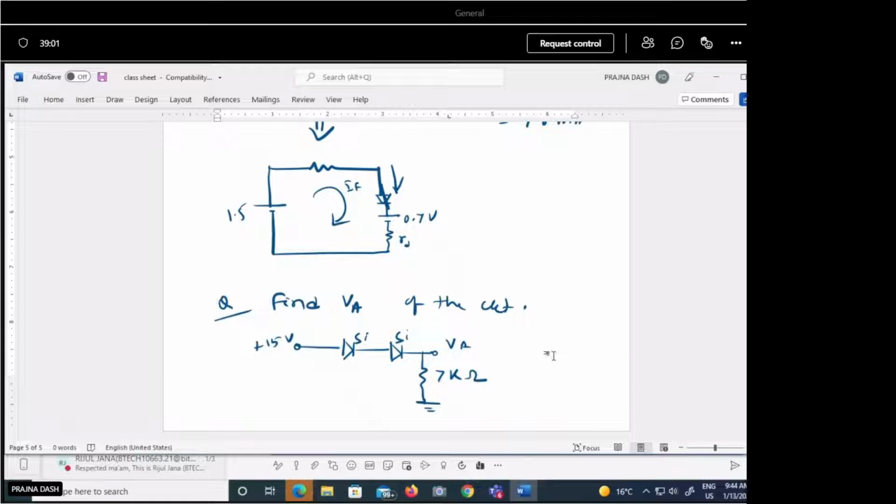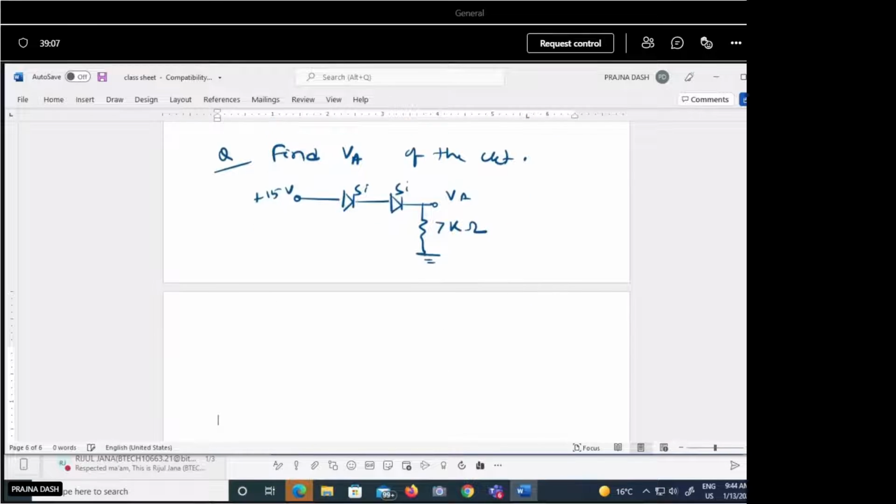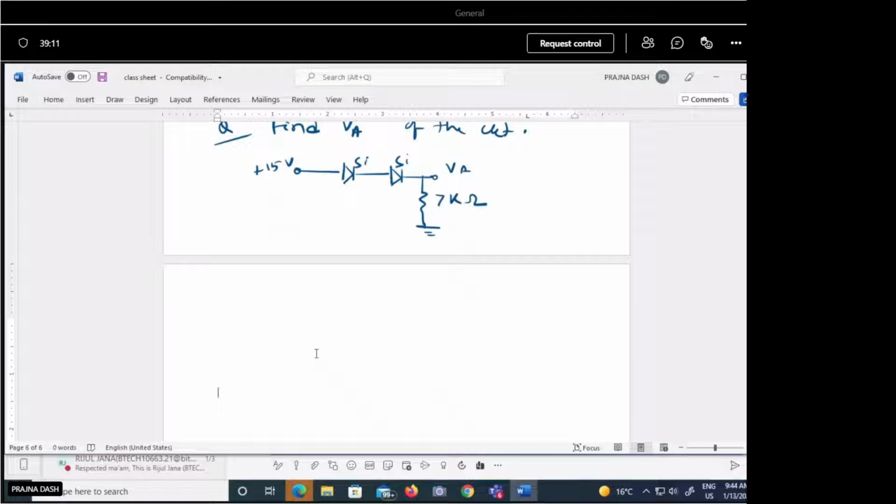So for this circuit we have to find the voltage VA, that is basically across the load resistance. A 7 kilo ohm load is connected here. If this kind of connection is given, I have given this for your information, so that you should know how to understand this circuit.